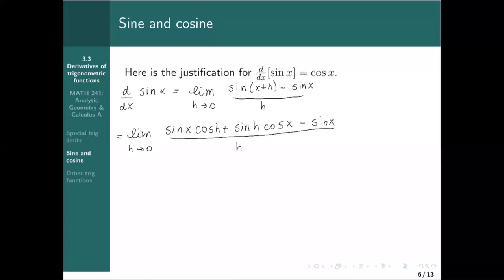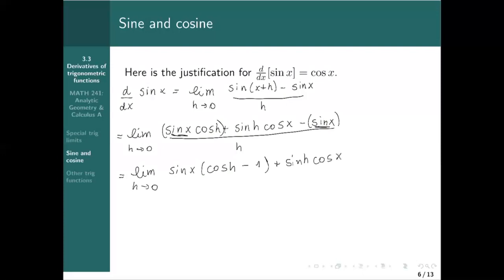Well, in the first term, we have sine of x, and in the last term, we also have sine of x. So I'm going to factor that sine of x. And then I'm left with cosine of h from the first term. And from this term, we have -1. So cosine of h minus 1. And then we cannot forget that we have another term, which is sine of h cosine of x.